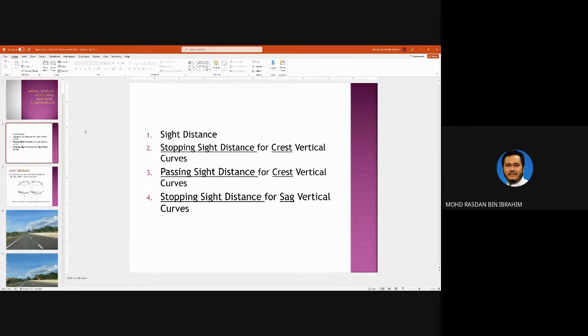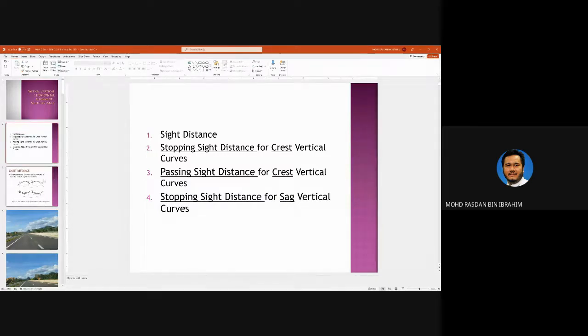These are the two important things. First is the stopping sight distance. The second one is the passing sight distance, both for crest vertical curves. And then the last one is the stopping sight distance for sag vertical curves.